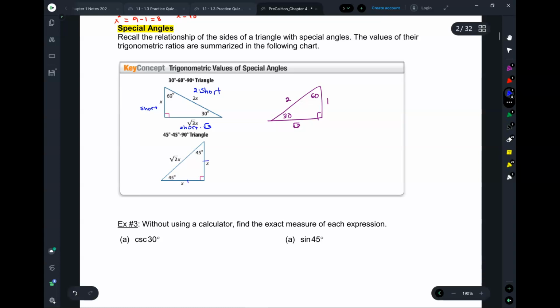So you've got leg, leg. And then this is leg times root 2. So the default that we always draw is 1, 1, because 1's our favorite number, except from 0, but you can't label this 0. 1 times root 2. Okay.